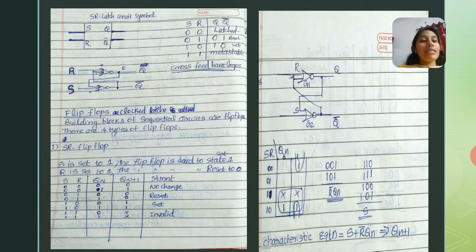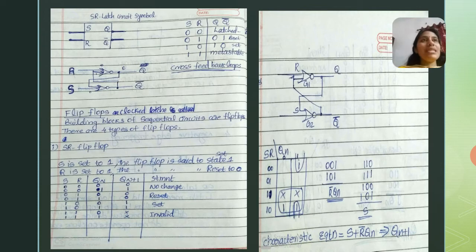S and R are the short form of set and reset. Setting means setting the state of the flip-flop to 1.